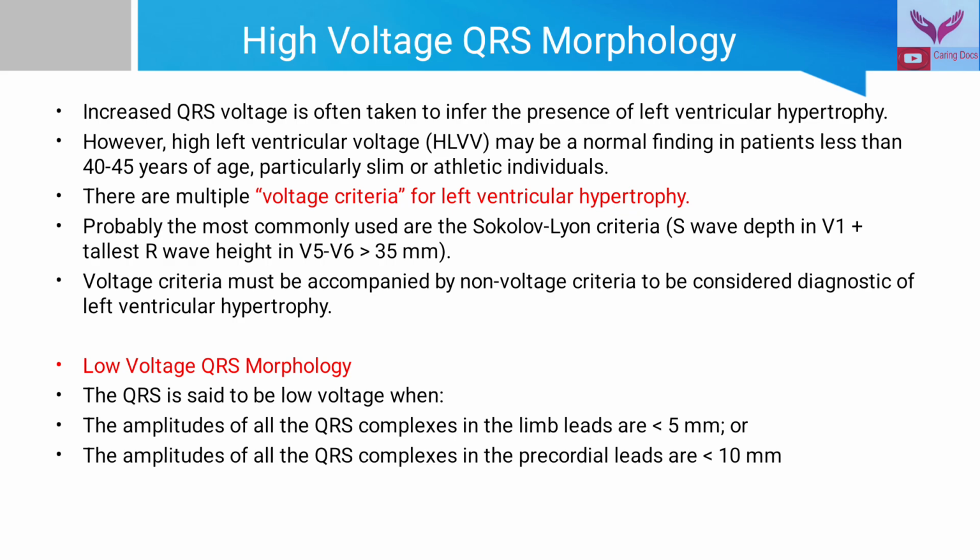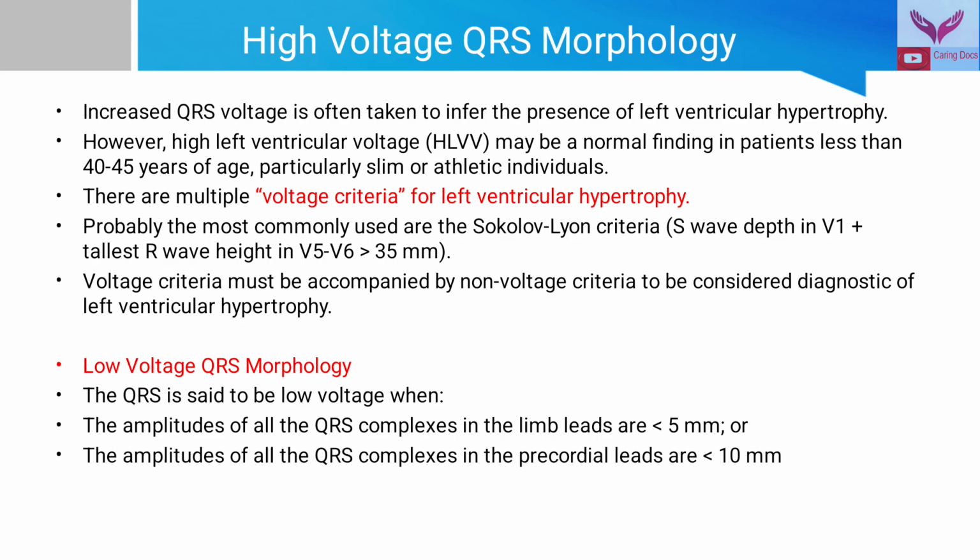Probably the most commonly used are the Sokolow-Lyon criteria, that is S wave depth in V1 and tallest R wave height in V5 or V6. If we calculate their sum, it should be more than 35 mm, and the voltage criteria must be accompanied by non-voltage criteria to be considered diagnostic of left ventricular hypertrophy.